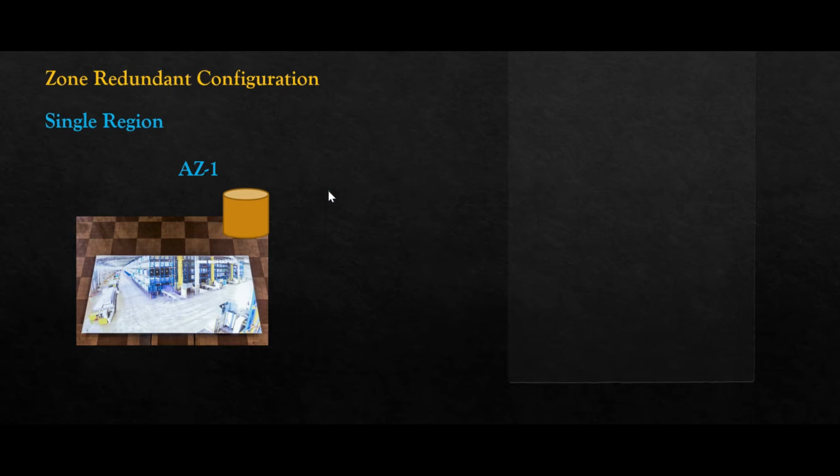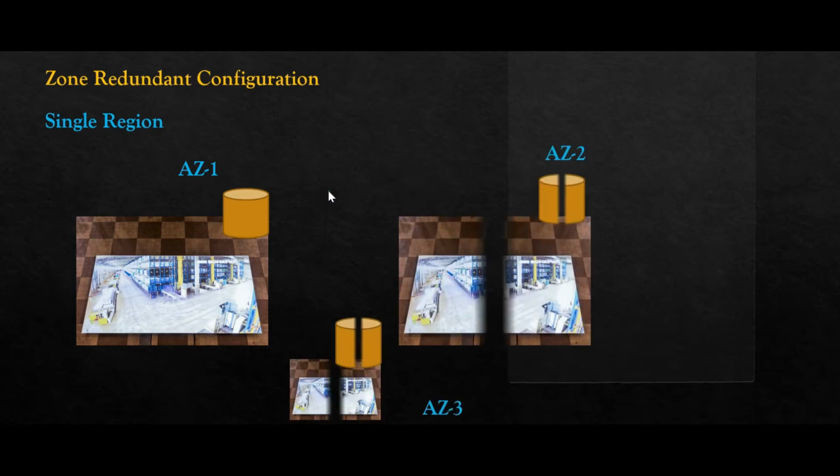What it does is you deploy this Azure SQL database in multiple AZs. Suppose in a region there are 3 AZs, you deploy it in all 3 AZs. So if AZ1, this data center, fails, then your application can still work on this data center and this data center.